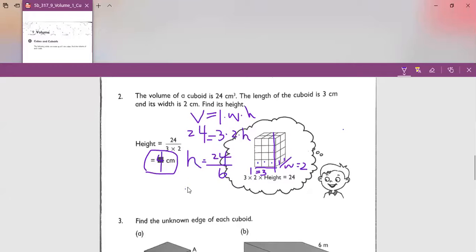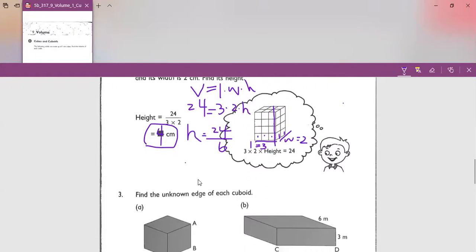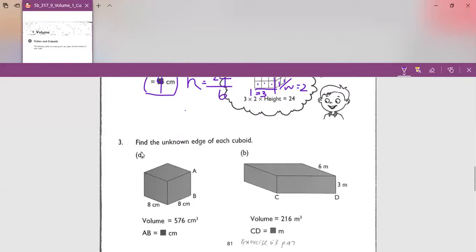Okay, so we stopped over here last time. Now we want to move on to the next question, number 3. Find the unknown edge of each cuboid. We want to do A first.